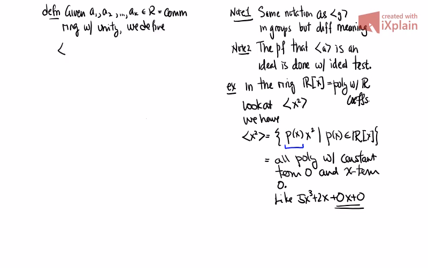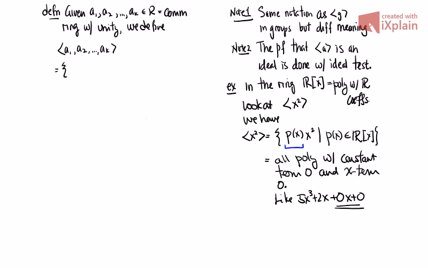So we define this guy. This is called the ideal generated by a1 through ak, not the principal ideal. The term principal is only used when you generate it by one thing.